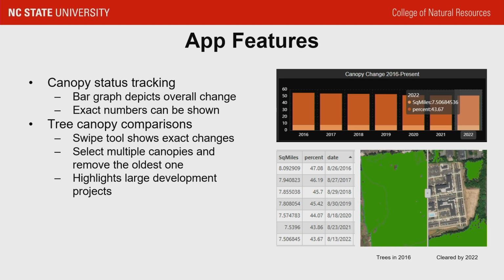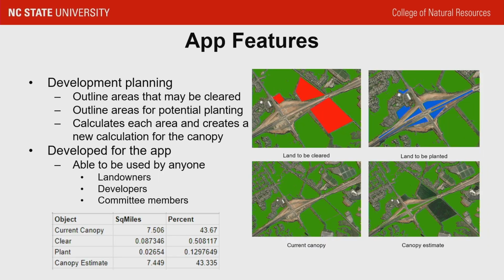And like I said, I wish I could have pulled it up on the application and shown you each individual year, but that is not currently working. And the idea here is to highlight those large development projects, as I mentioned, and I'll get into why in a moment. A secondary feature of the tool is the idea of development planning.